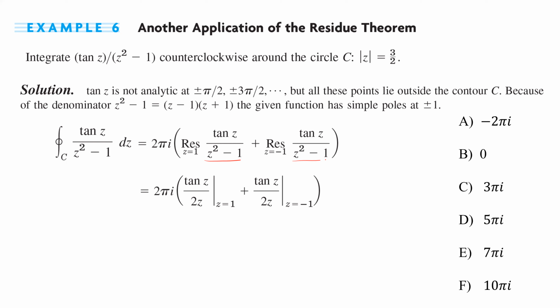So it becomes tan of 1 divided by 2 plus tan of -1 divided by -2. Those are the same. So it becomes 2 pi I times tan of 1, which is 9.7855, which is close to 3 pi I. Tan of 1 is close to 1.5. Any questions?